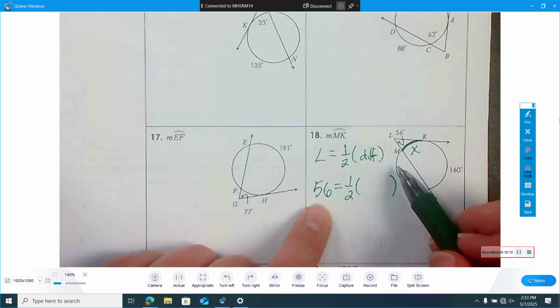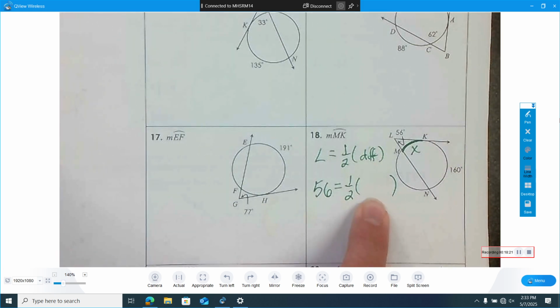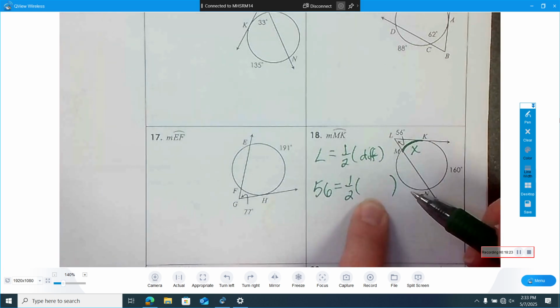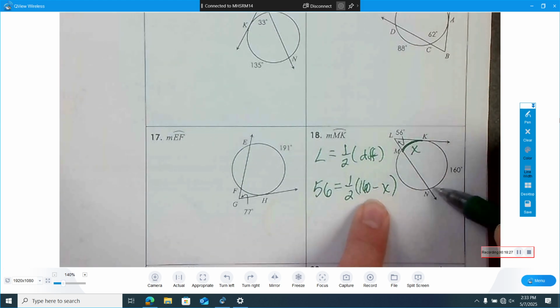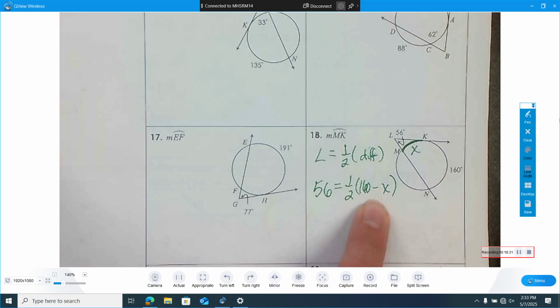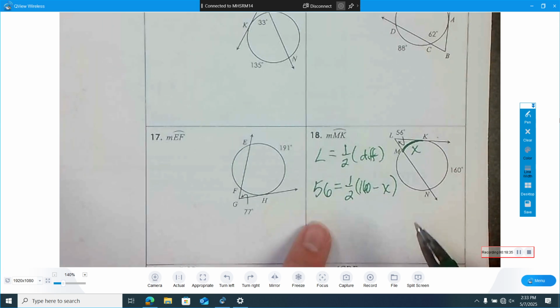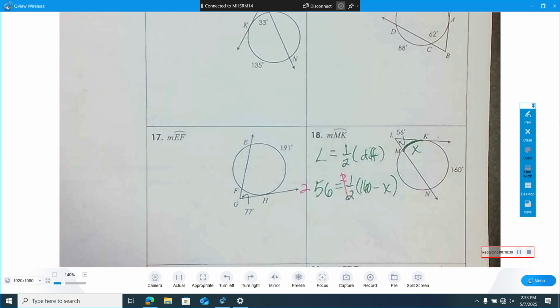All right, 56 equals half of, what am I going to do inside the parentheses? 160 minus x. And this is really important. It has to be the far away arc minus the close arc. Far from the angle minus the near to the angle one. We're going to double it. We're going to multiply by 2 on both sides.